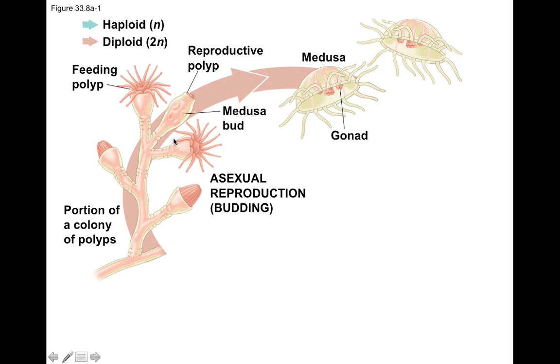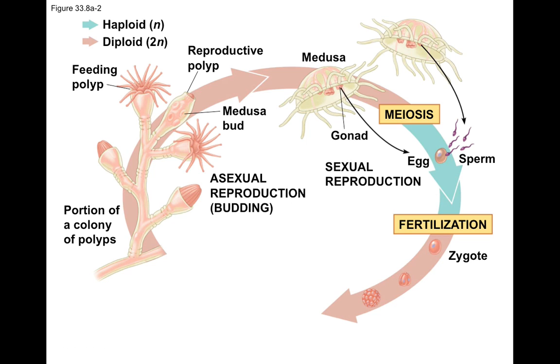But then these reproductive polyps produce these medusa buds, which they will occasionally release. And these medusas that they release are fairly tiny things, not like a big old jellyfish, but they have the gonads, which can produce the gametes, sperm, and eggs, which can fuse to form a zygote.